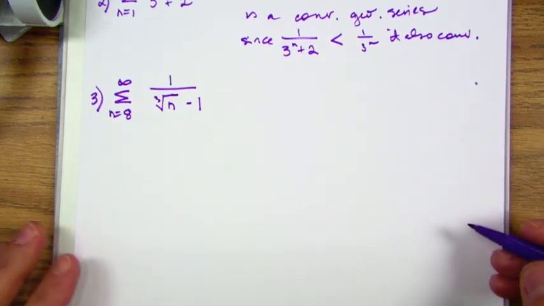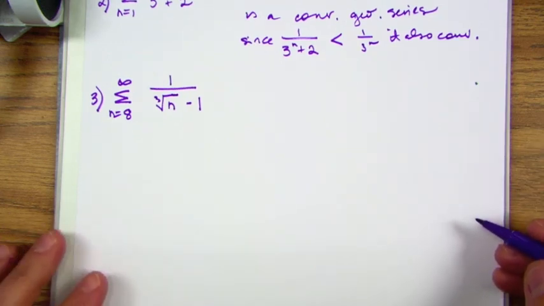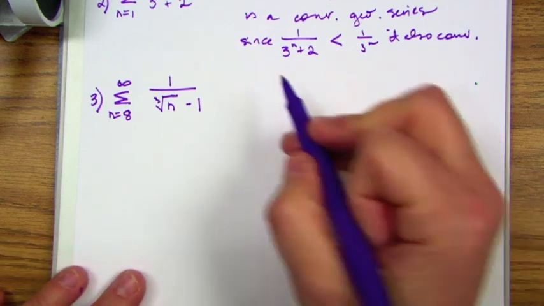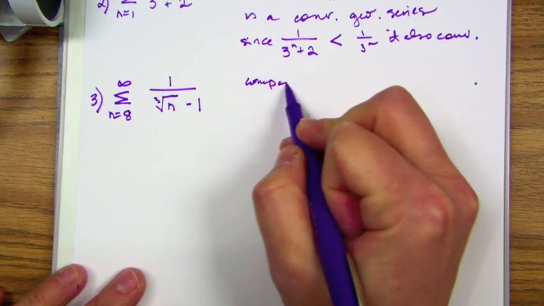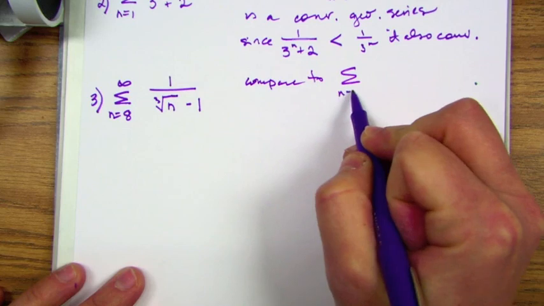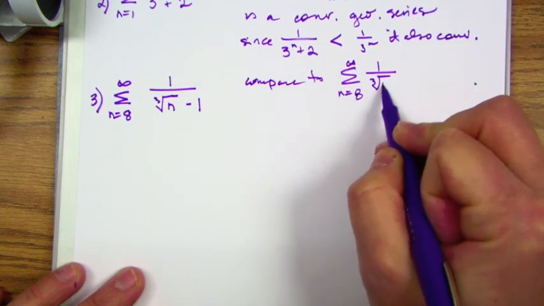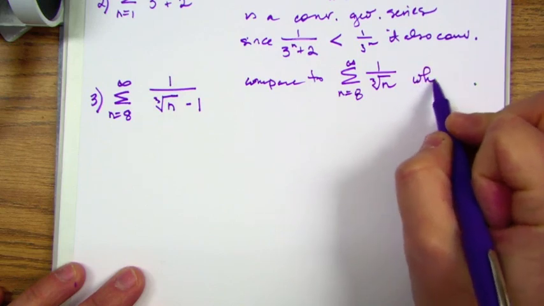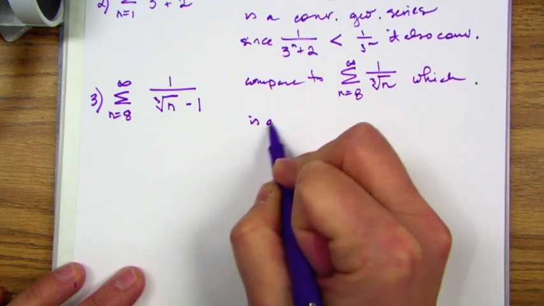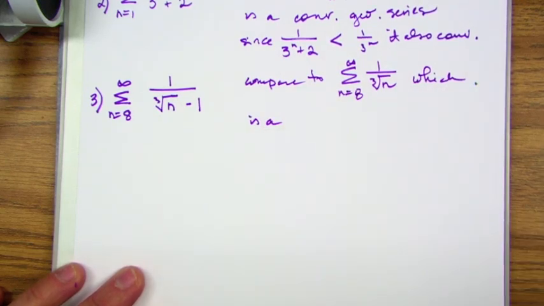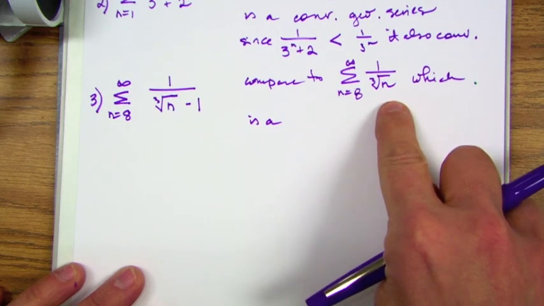Diverges, okay? So give me your rationale, Emma. Because if you compare it to 1 over the square root of n, then it is greater than. Okay, and what is this?